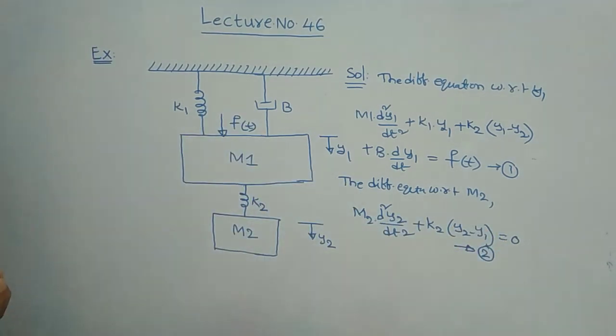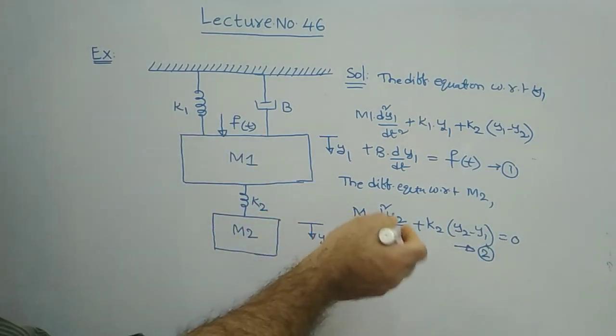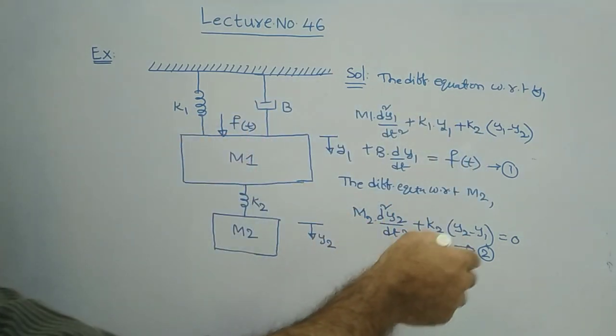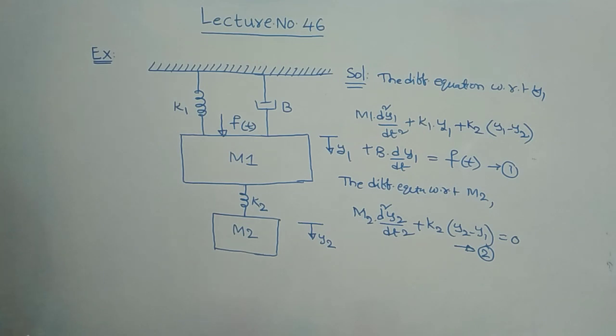Equation number 2. These are called differential equations. This is the differential equation with respect to m1, and this is the differential equation with respect to m2.